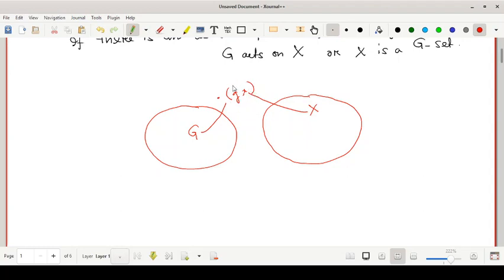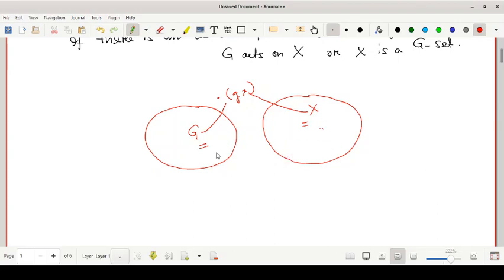After they get operated by the action, they get converted into a single element of X and come back to X. If you choose an element from here and an element from here, the result will also be here. So this is the codomain.